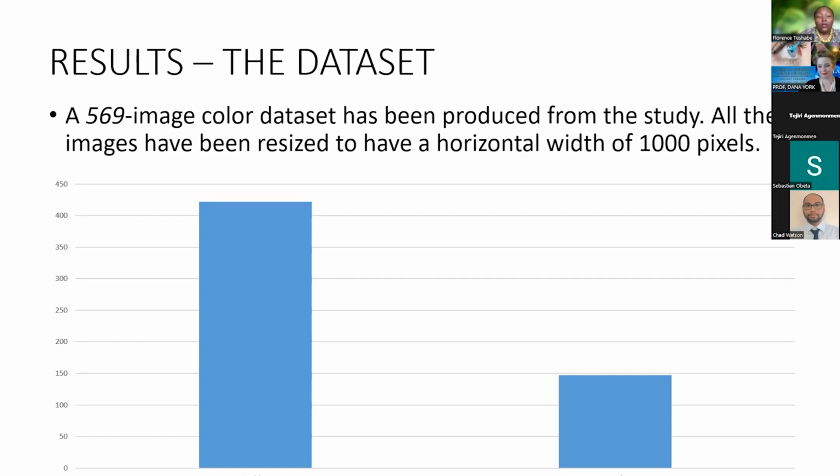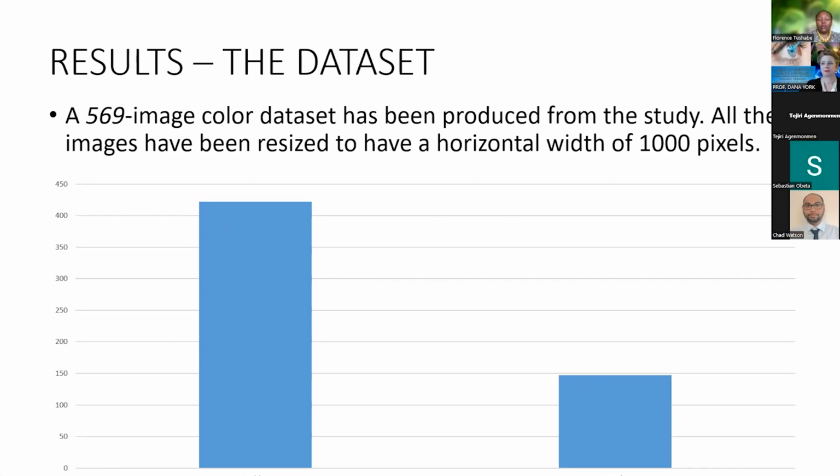And we resized all the images to a width of 1,000 pixels. So anyway, the ones which are positive for sickle cell were more. We have 422 images which have at least one sickle cell embedded in it. And then the negative ones, we have 147.